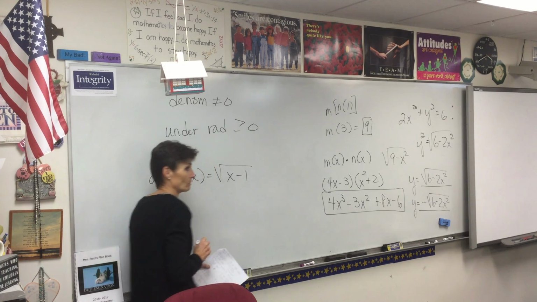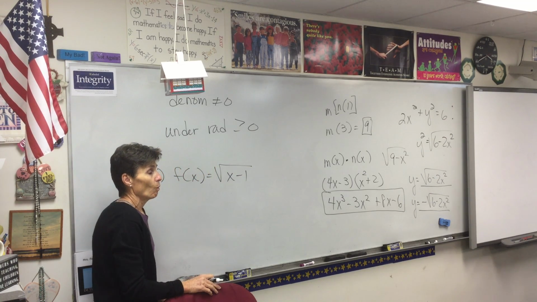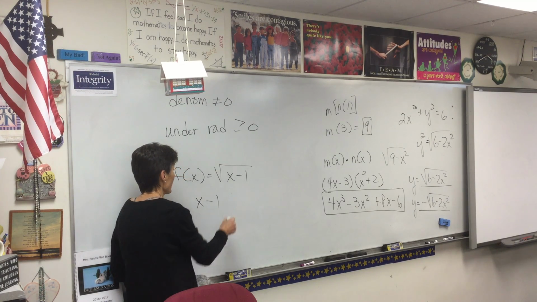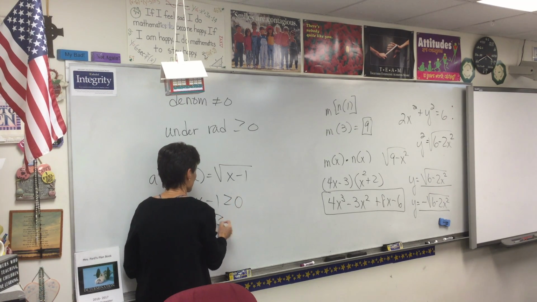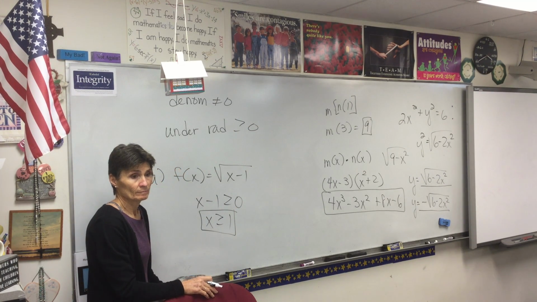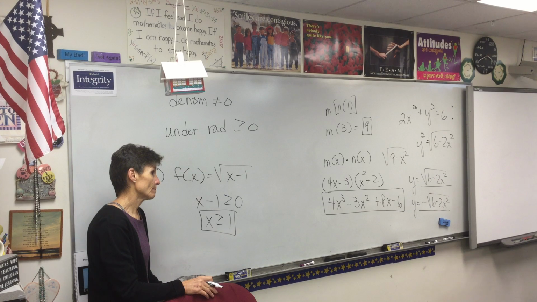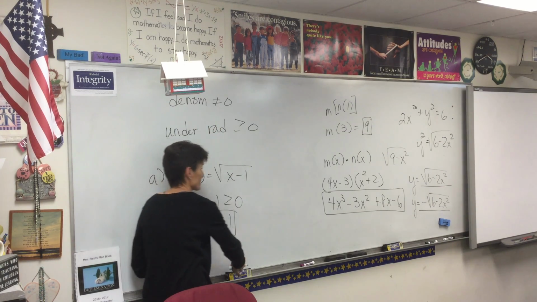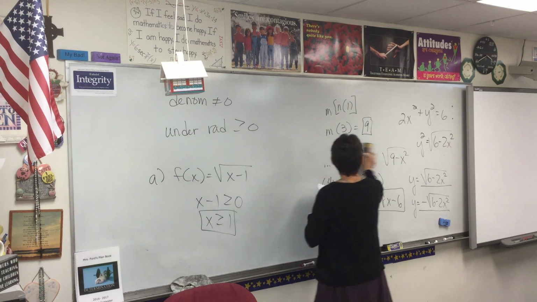It's a radical problem. Whatever is under the radical has to be greater than or equal to 0, so x has to be greater than or equal to 1, and that's your answer. You gotta learn the rules. If you learn these 2 rules, then all these problems are easy. All right, the next one.